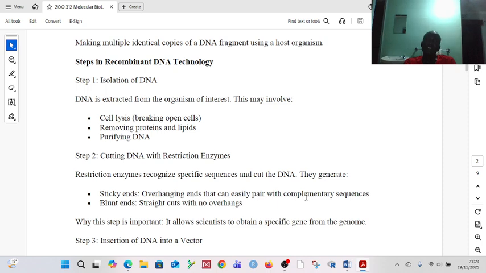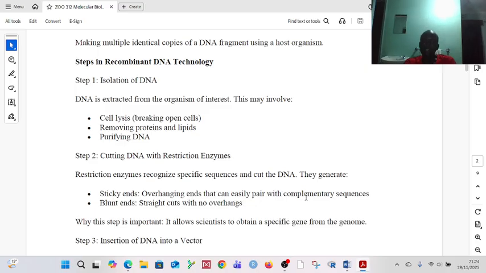The importance of this second step, where you are cutting DNA with the restriction enzyme, is that it allows you as a scientist to obtain a specific gene from the genome. The DNA that you will have extracted is possibly of the entire genome, but you don't want to insert the entire genome into the host cell.